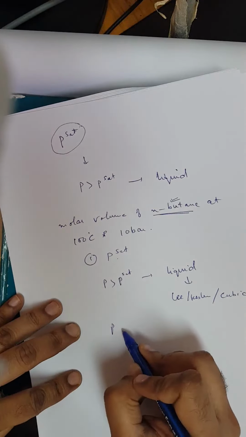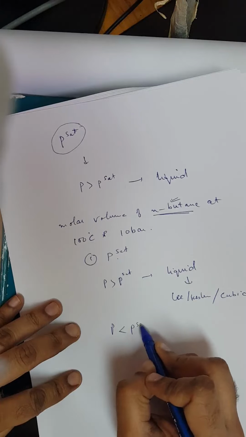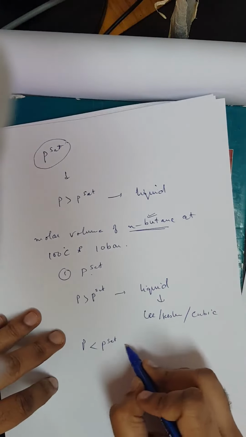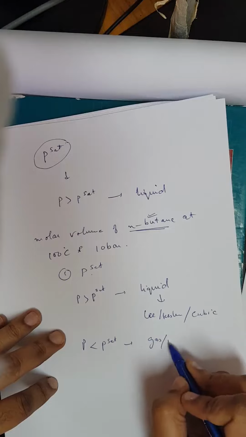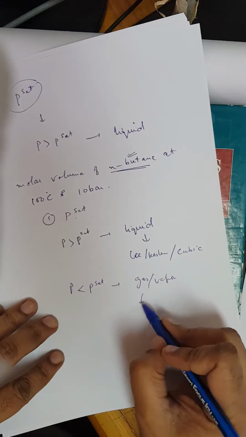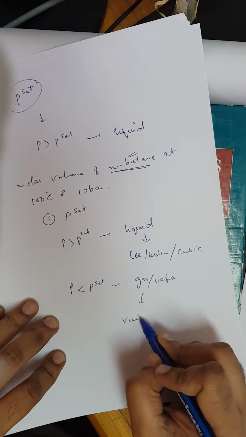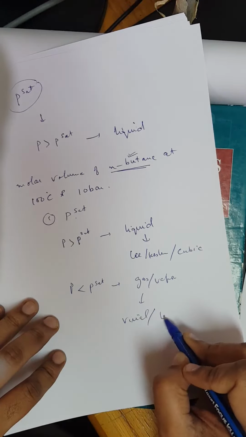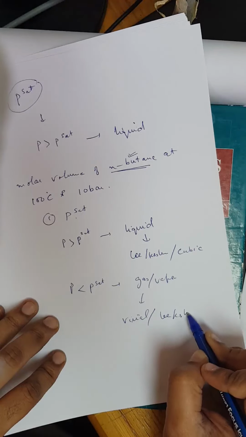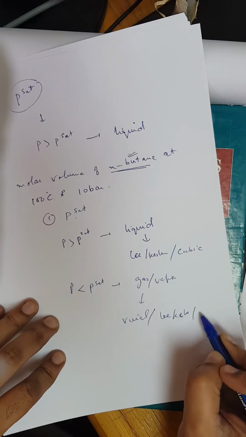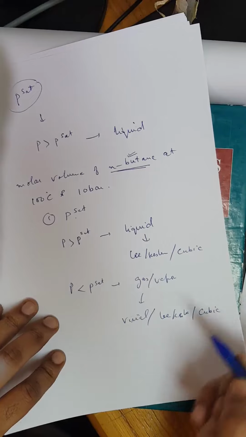If your P is less than P sat, then it means you are in the gas phase. Then you can use any equation, virial, Lee-Kesler or cubic, depending on how much pressure.